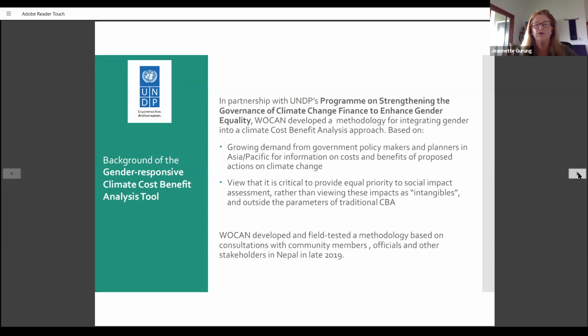So this is what they've been working on, a climate-related cost-benefit analysis approach, and then we came along to add the gender aspects of this. Really difficult thing to do, sort of groundbreaking. It's not going to be perfect, but you'll see our attempts to do this. This came again from this growing demand from people to ask for more information.